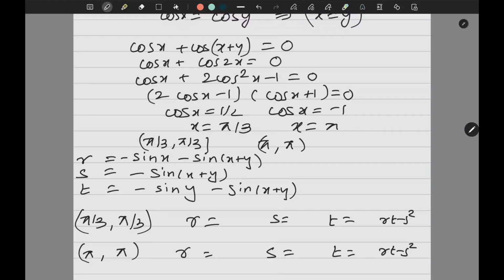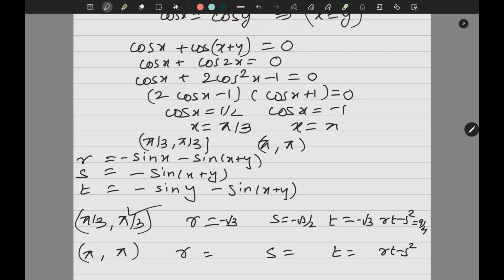You will observe that at (pi by 3, pi by 3), R is minus root 3, S is minus root 3 by 2, and T is equal to minus root 3. So RT minus S square is 9 by 4. So this point needs to be considered. But you will observe that at pi, sin pi is 0 and here also it will become 0.